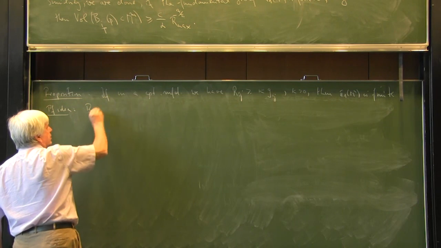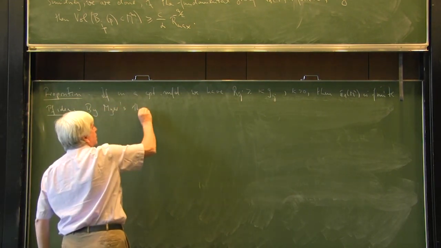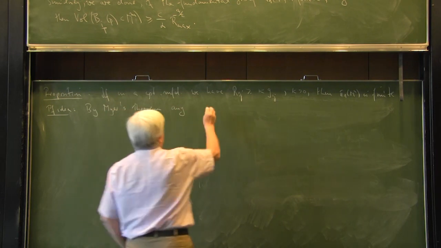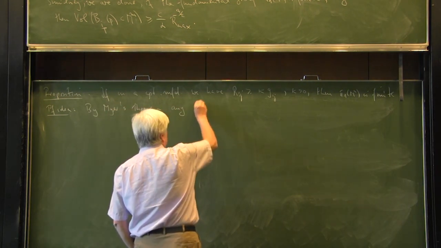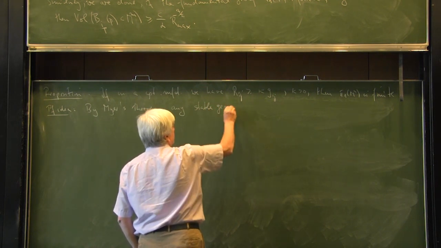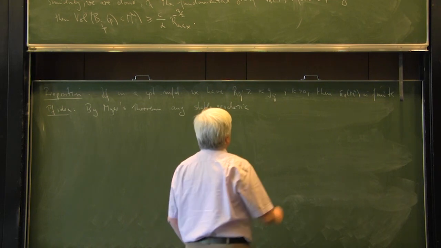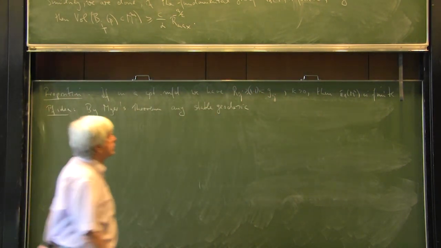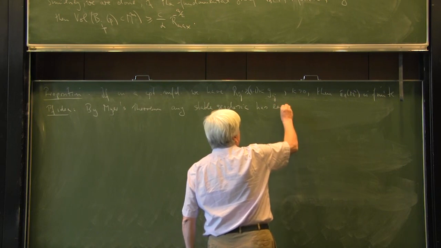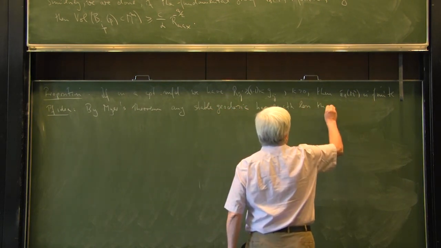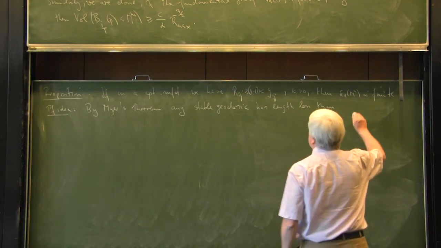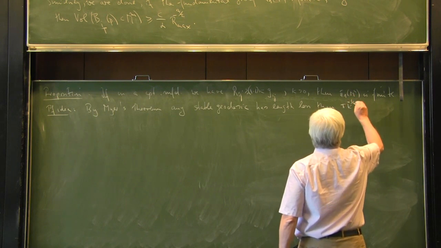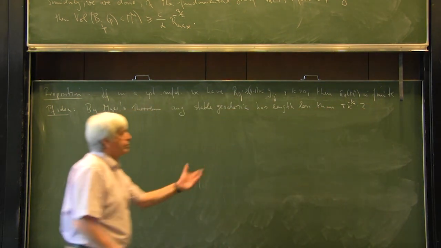By Meyer's theorem, any stable geodesic, let's write the n minus 1 to make the constants nicer, any stable geodesic has length less than pi k to the minus 1/2, times 2, because each half is then stable.